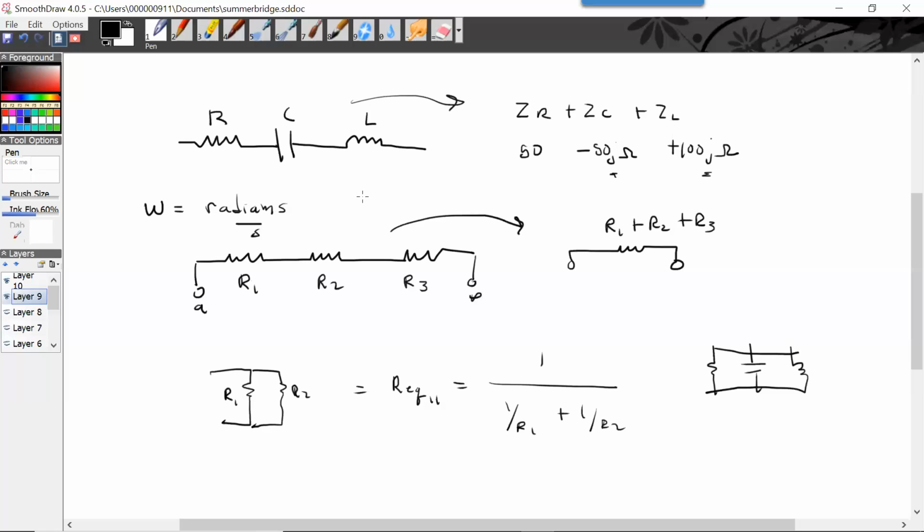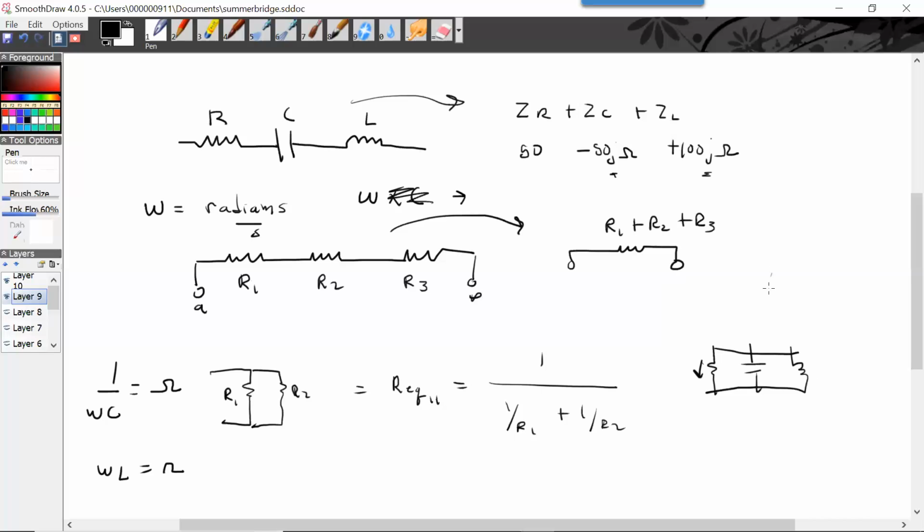And so when you have 1 over omega C, you get ohms. And when you have omega L, you get ohms. But this is in radians, not hertz. Good question.